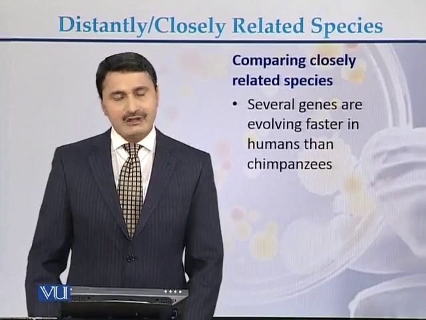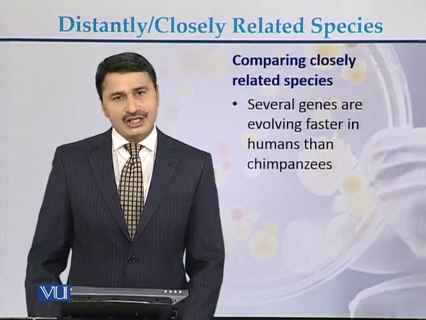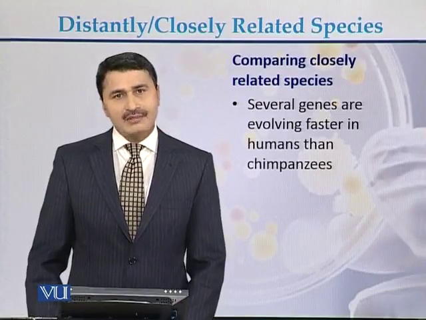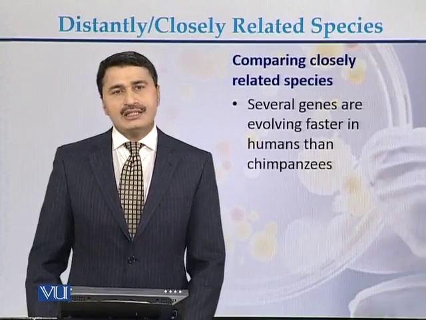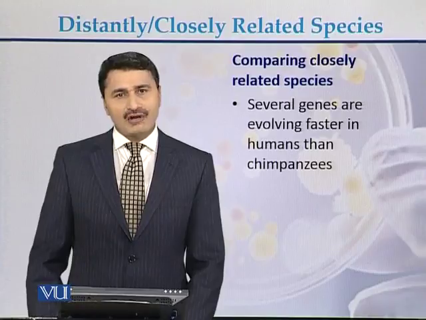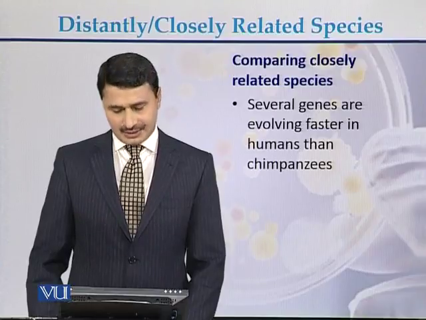Several genes are evolving faster in humans when we compare them with the chimpanzee. In humans, there are many genes which evolved faster as compared to the genes present in the genome of the chimpanzee.